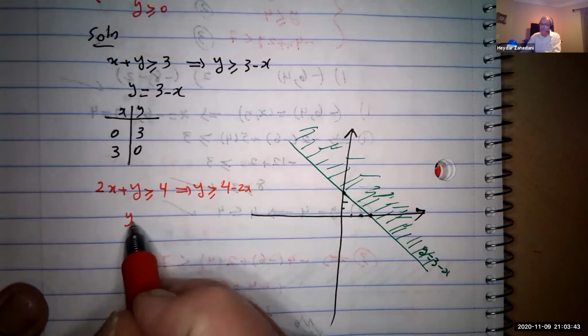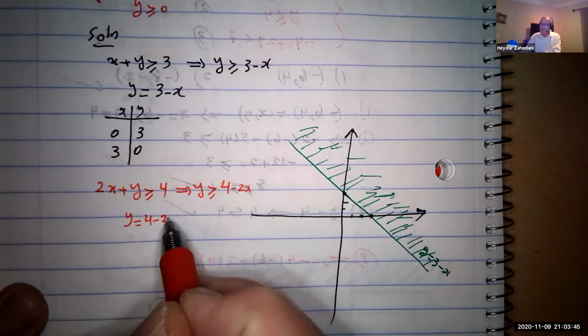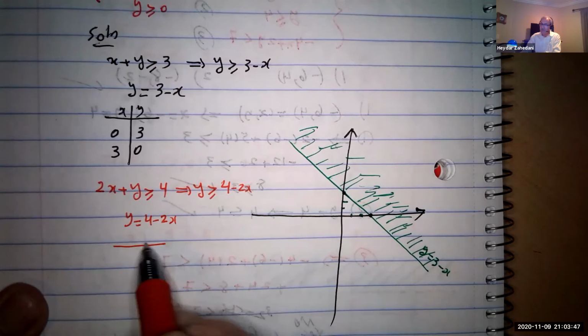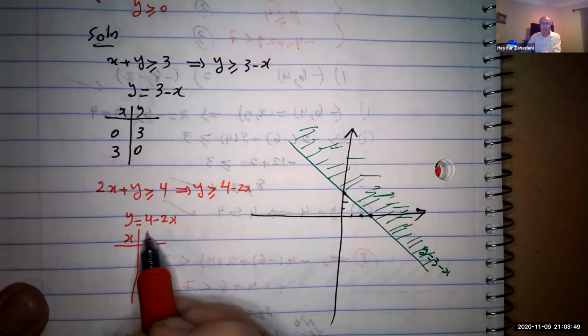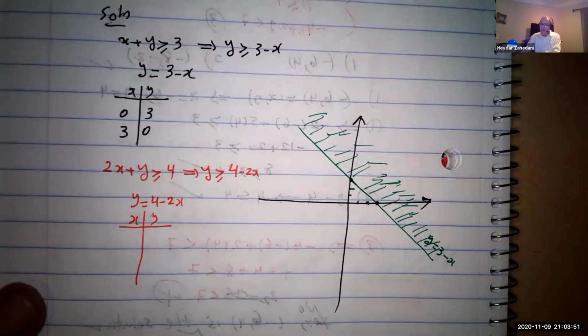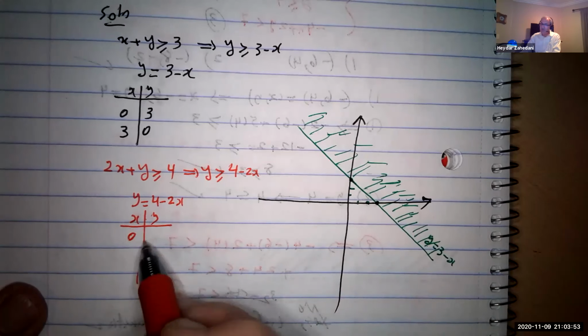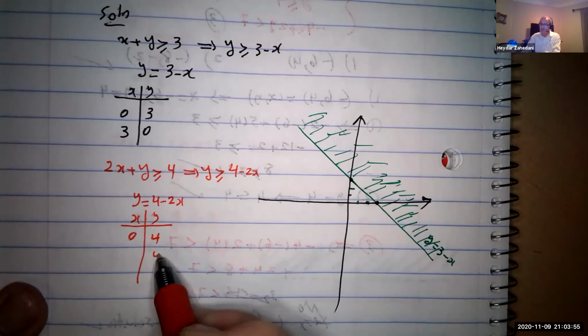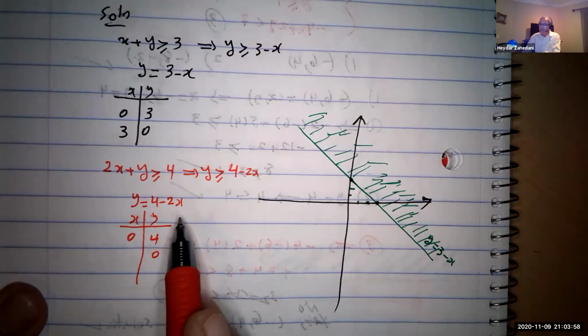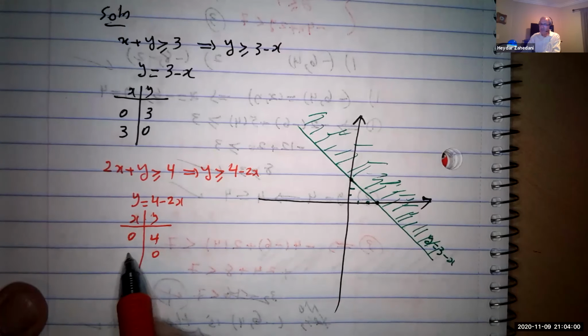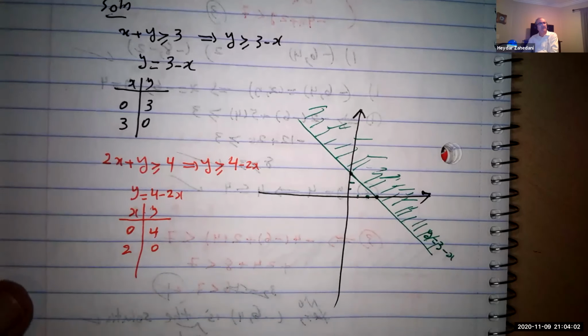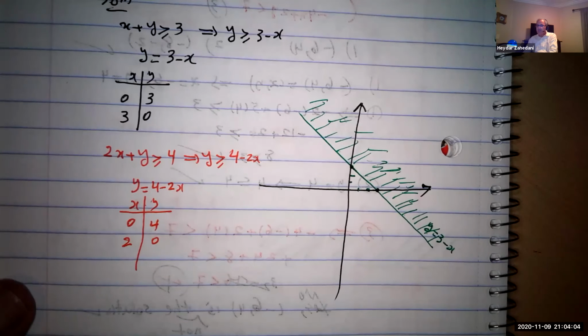So y equals 4 minus 2x. Just pick a point, x, y. I pick x equal to 0, so that gives y equal to 4, y equal to 0, and that gives you x equal to 2. You can pick some other point if you like, but these are going to be easier.